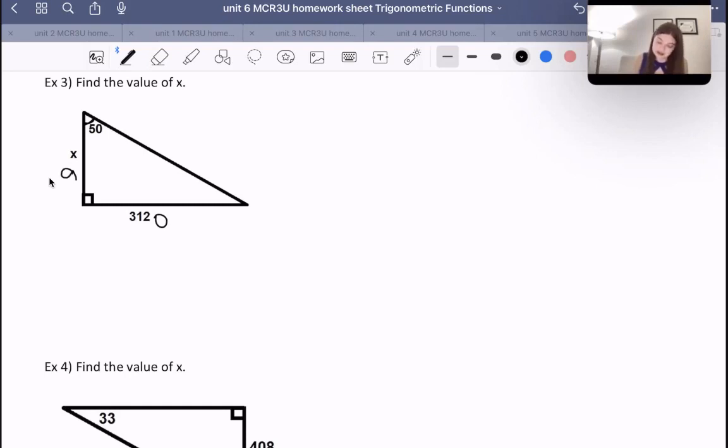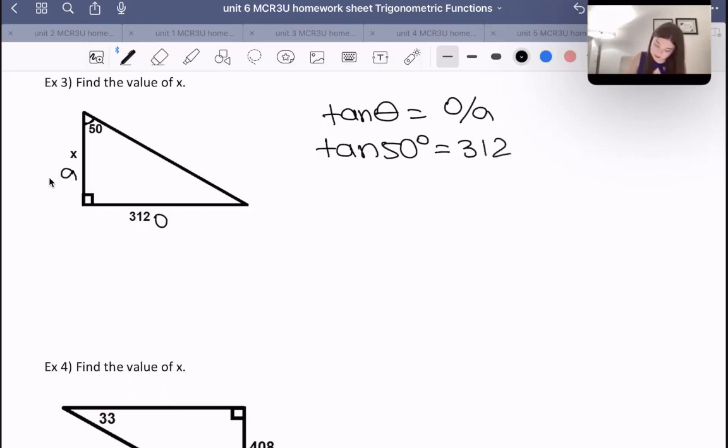So tan deals with that, right? Tangent theta is equal to the opposite over the adjacent. So that is perfect for us. Let's plug in: tan 50 degrees is equal to the opposite, which we said was 312, over the adjacent, which is x.